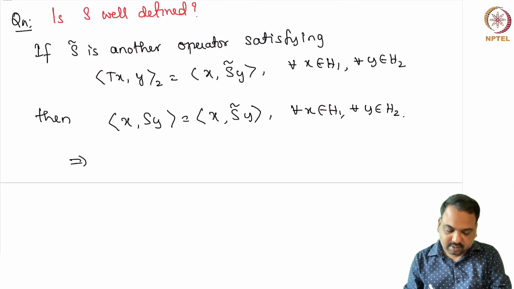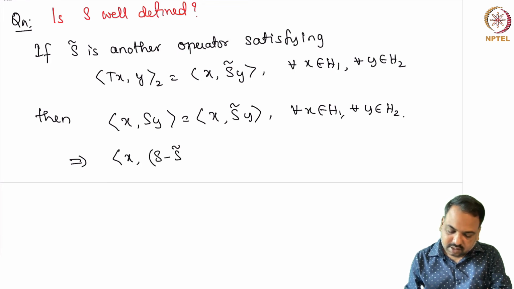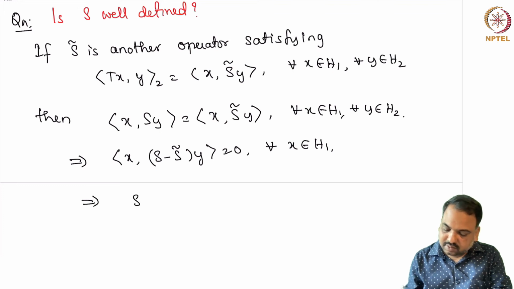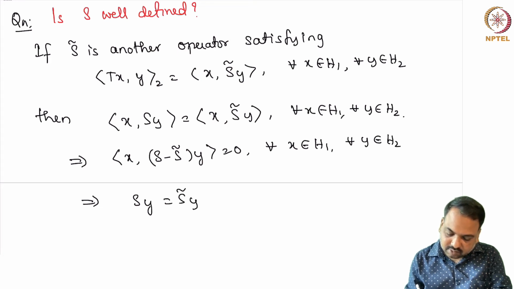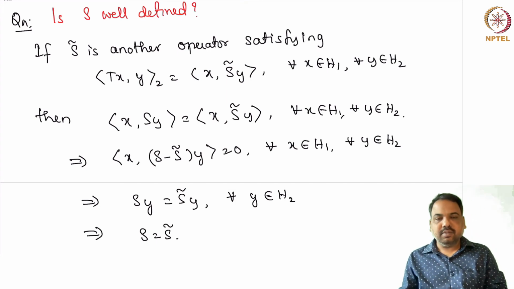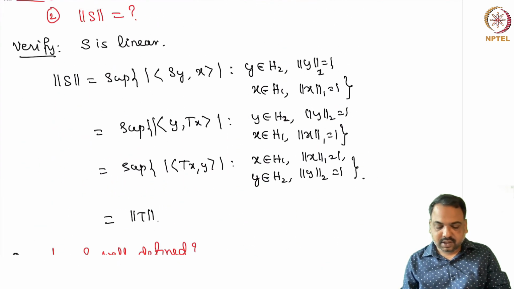From this we conclude that the inner product of x with (S minus S tilde)y is 0 for every x in H1 and every y in H2. This implies Sy equals S tilde y for every y in H2, so S equals S tilde.